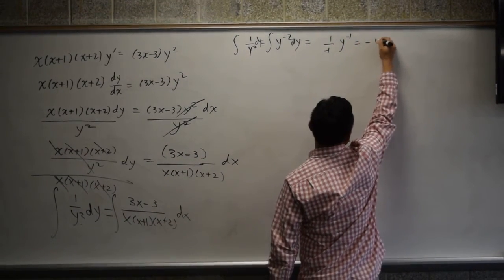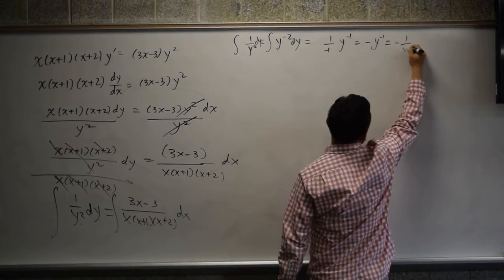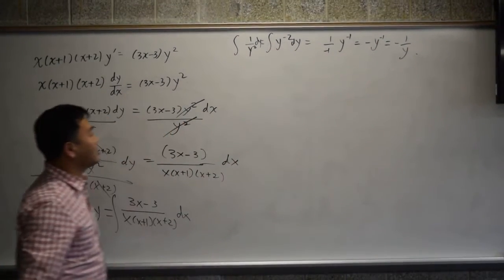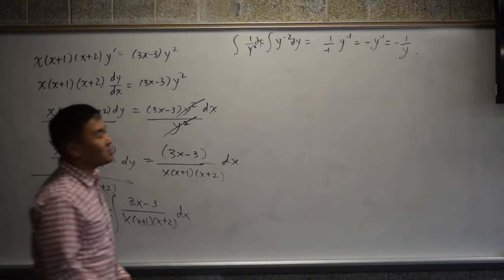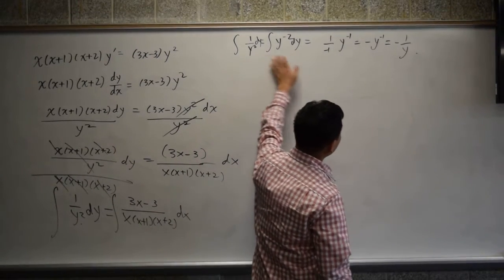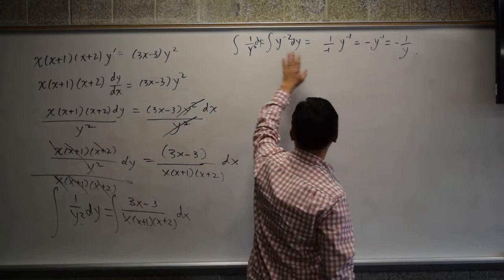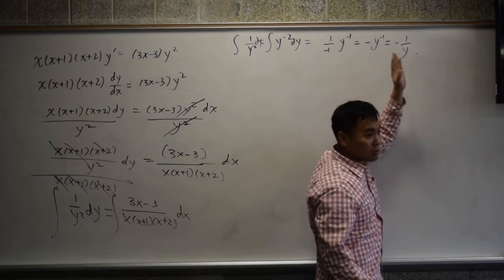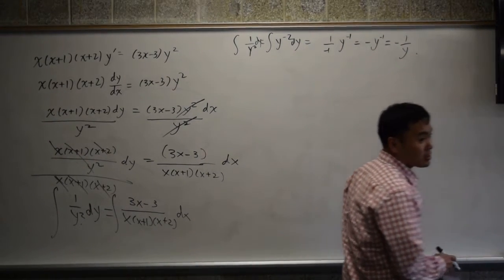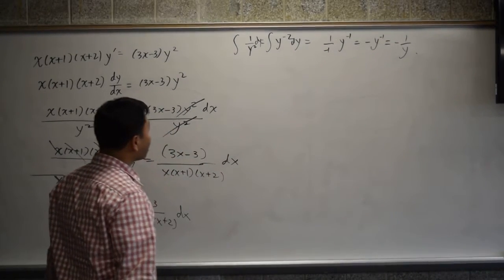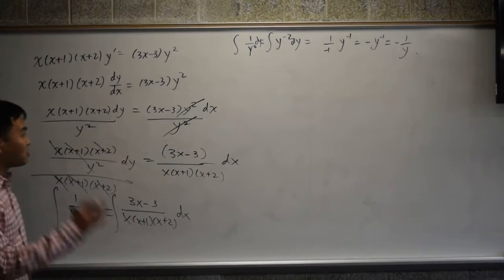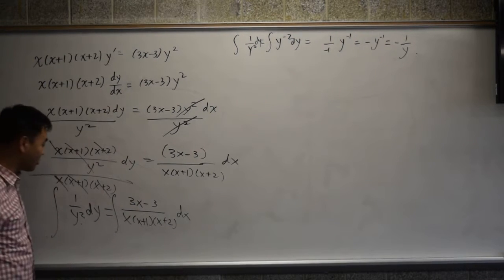So it's just negative y to the negative 1, or negative 1 over y. At this stage, you should probably just have this memorized. This appears enough times that you should memorize that 1 over y squared integrates to negative 1 over y. Okay? So that's the left side. I didn't put plus c because you just need to put plus c on one side.